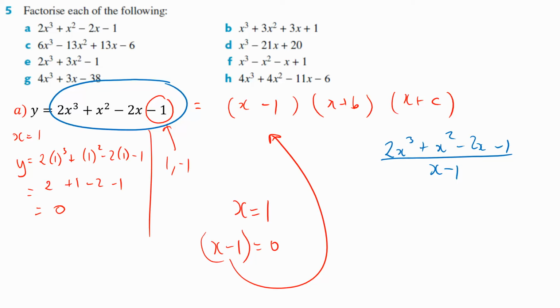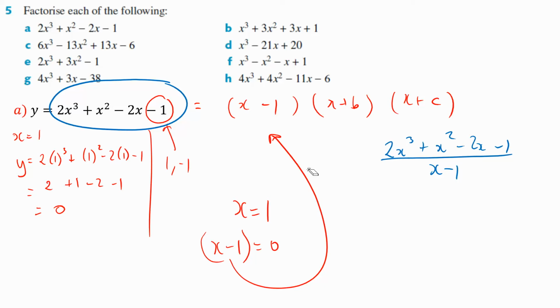Because you're dividing. It's like 12 divided by 4 will get you the 3. Or 12 divided by 3 will get you the 4. Yeah, or 12 divided by 6 will get you the 2. Those are all factors. So if you want to get the other factor, you simply divide it by one of the factors. That's all you're doing. Yeah? So this is where you have to use 6b, exercise 6b.